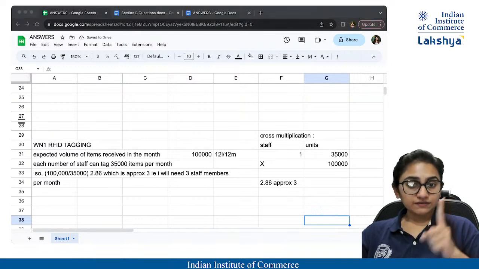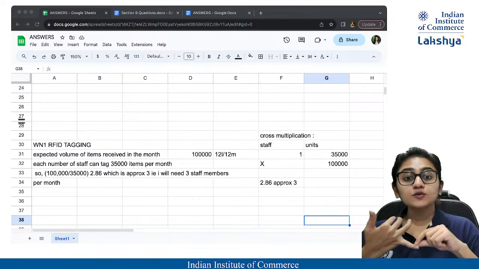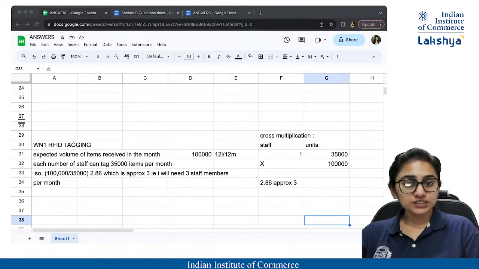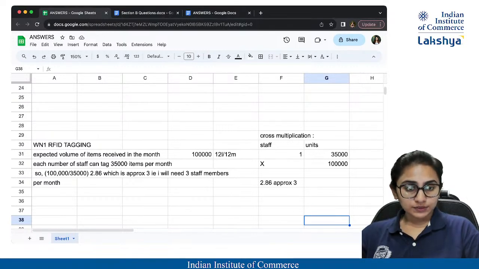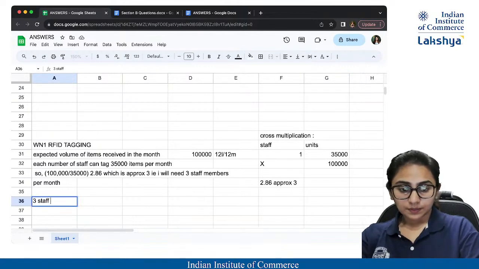To do 35,000 units, one staff is required. So to do 1 lakh units per month, the company will require how much staff? Just cross multiply and get the answer. It is approx 2.86, that is 3. So we need 3 staff per month, and the salary per month is $24.